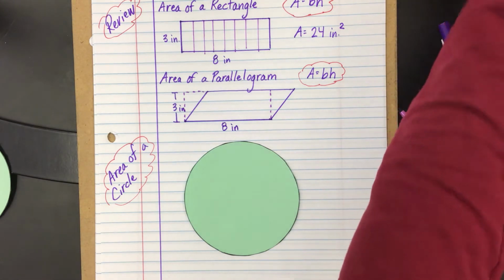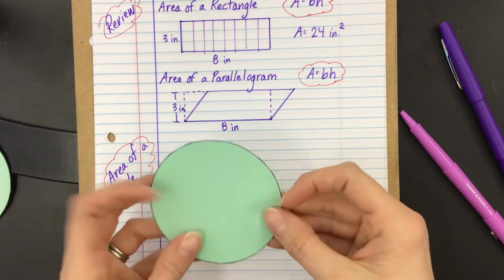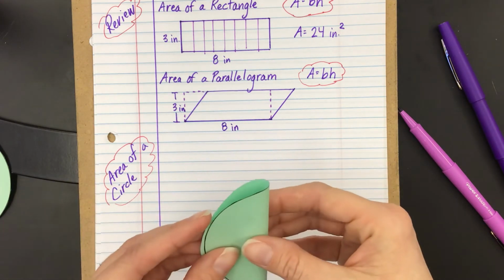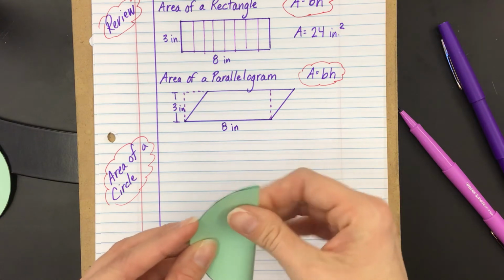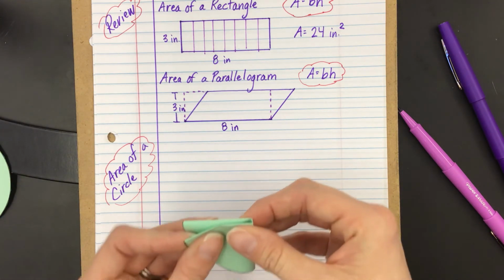Okay, so please take your circle and cut it into fourths. You're going to want to fold it first to make sure that those fourths are nice and accurate. So I'm going to fold my circle in half and in half again.